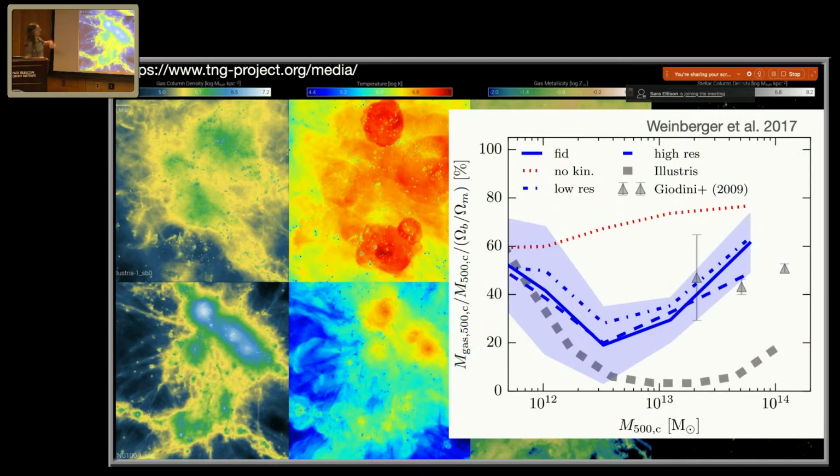And just to show you how that then compares to observations and why you maybe could use the CGM, or in this case, it's the intergroup and the intercluster medium, in order to constrain galaxy formation models. Here are some observations binned from Giordini et al. Compared to blue is Illustris TNG, and dashed is Illustris.